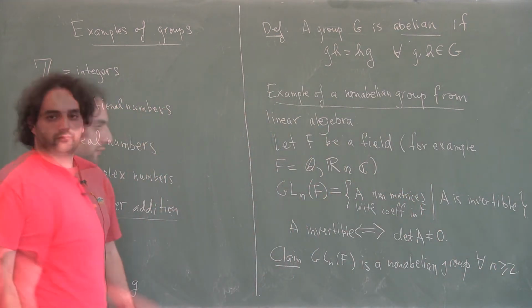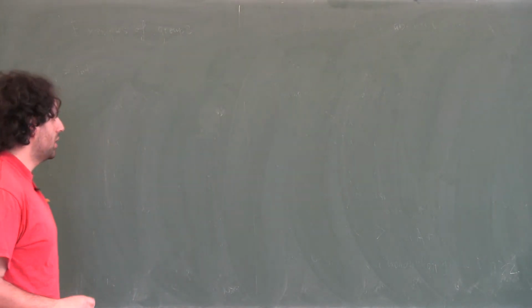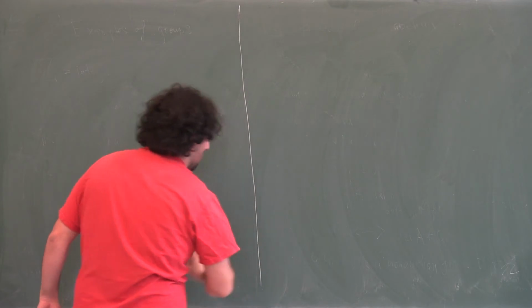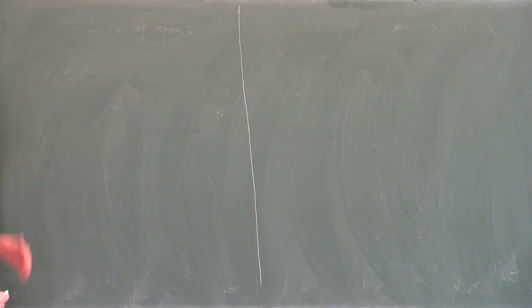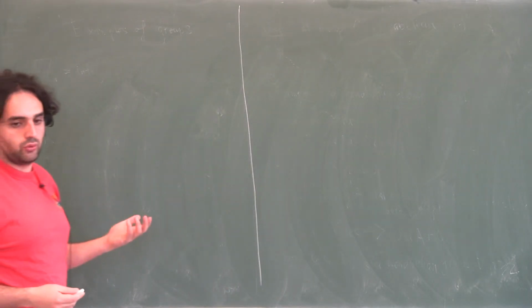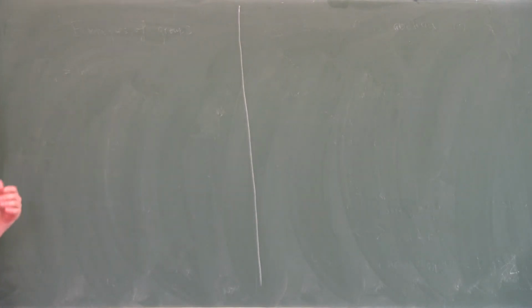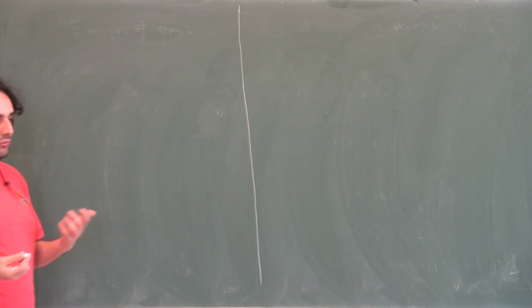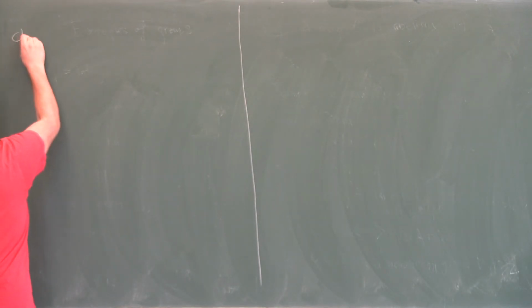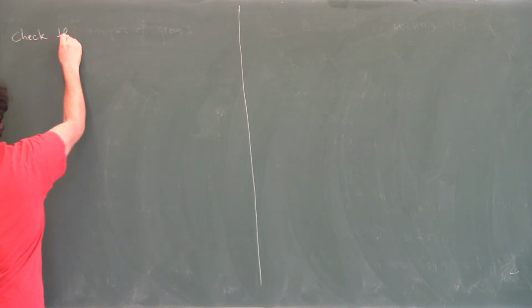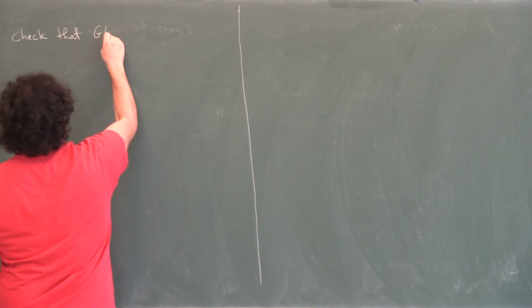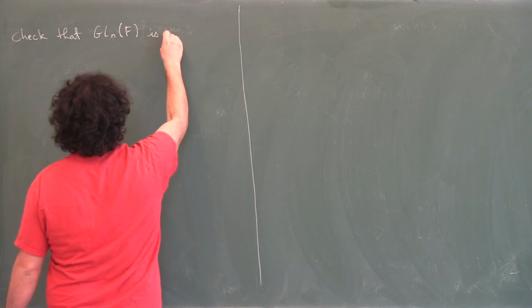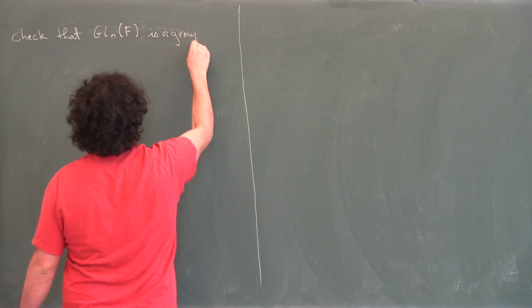Okay? Okay, so we just defined the group GLN of F. Let's check that it is in fact a group. So we need to get practice checking the group axioms. So what do we have to do? Check that GLN of F is a group.